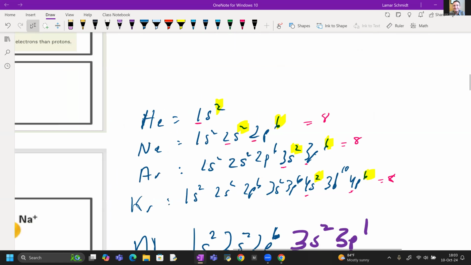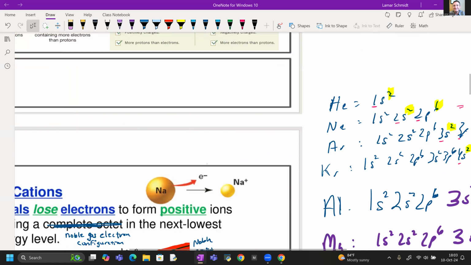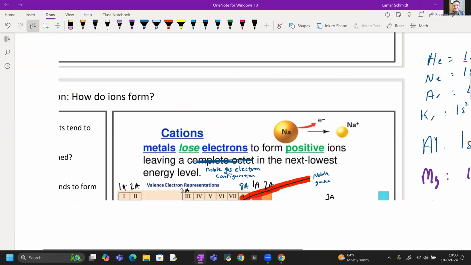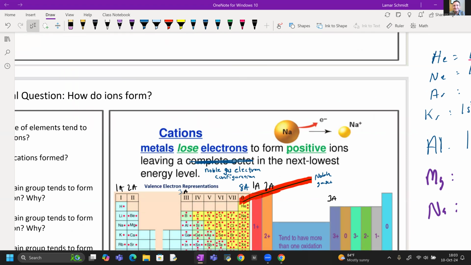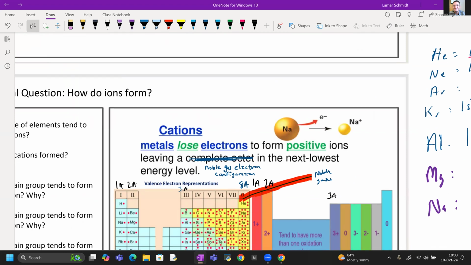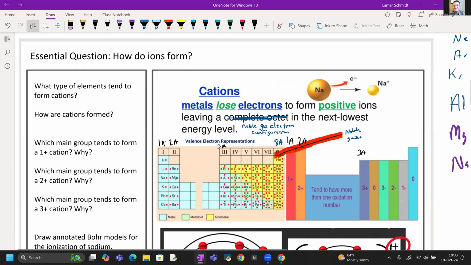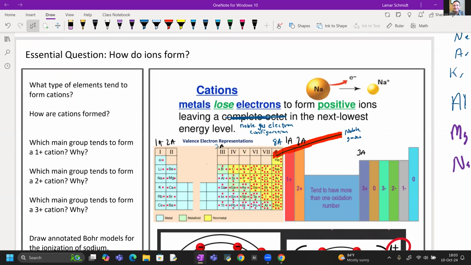And we're going to talk about that here in just a second. All right, but nonetheless, they lose electrons to form this noble gas electron configuration. So how are cations formed? By losing electrons to form a noble gas electron configuration.